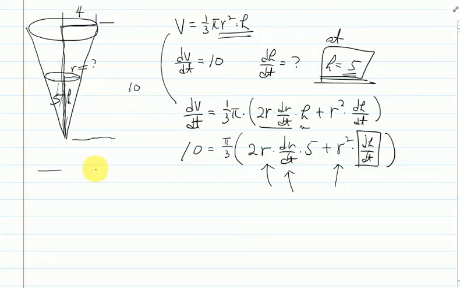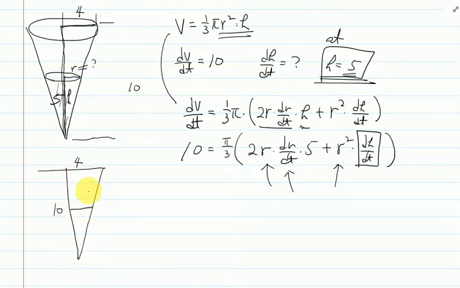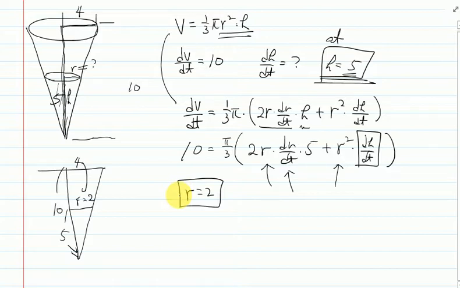So in this triangle, it's 10, then 4, and the water has a height of 5. The ratio is changing from 10 to 5, so the radius must change from 4 to 2. So at that time, when the height is 5, the radius must be 2.